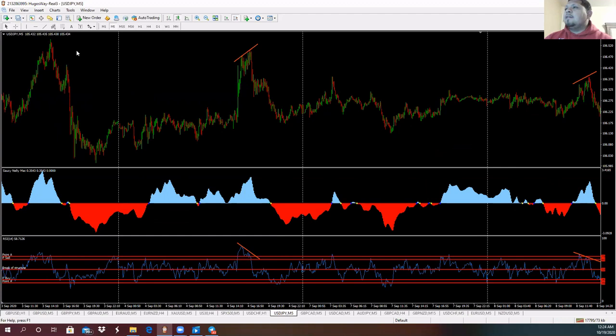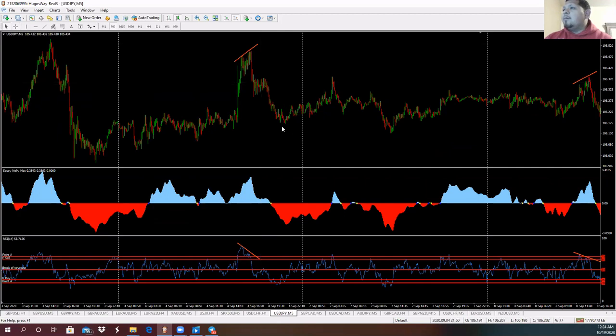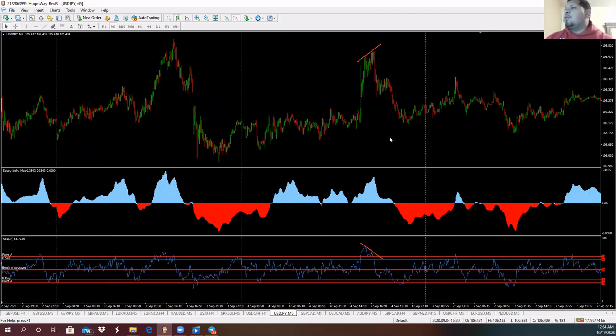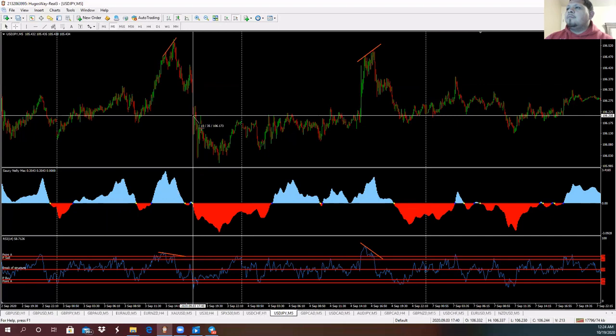As we can see, the drop from up here would have been longer, but this is where I take my entries. So we only got about 8 pips on this. Once again, high and a higher high, high and a lower high, sell, 15 to 20.